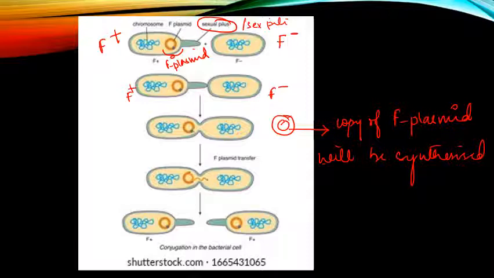You see, this is moving to the F negative cell. Now the F negative cell also has a copy of the F plasmid, so it changes to F positive. So this is again F positive. Clear? That is what conjugation is.